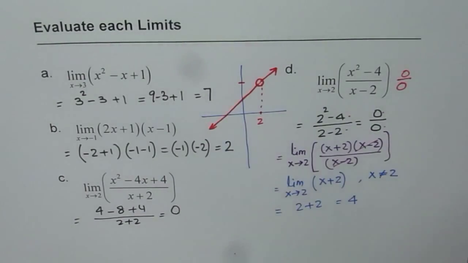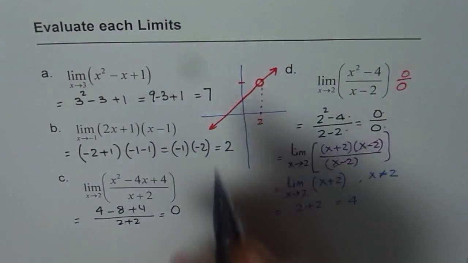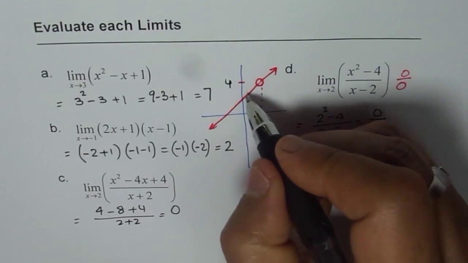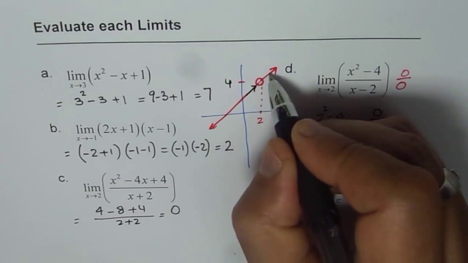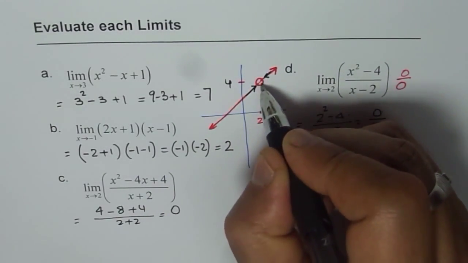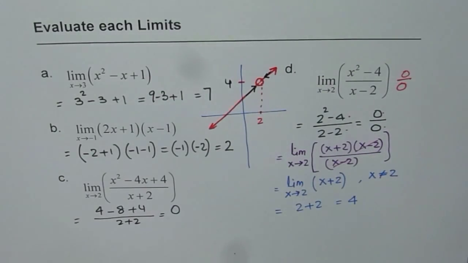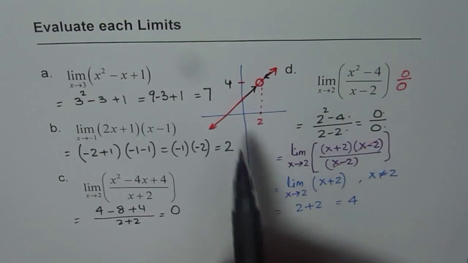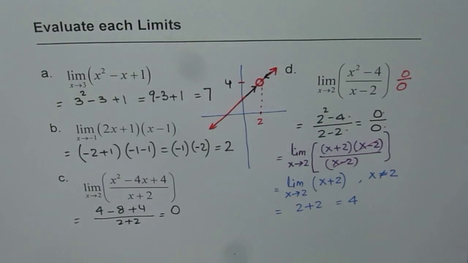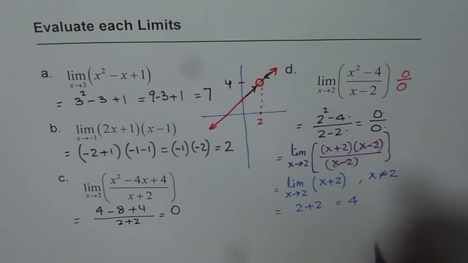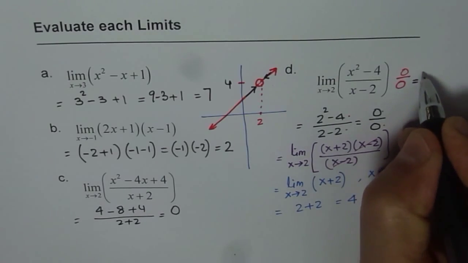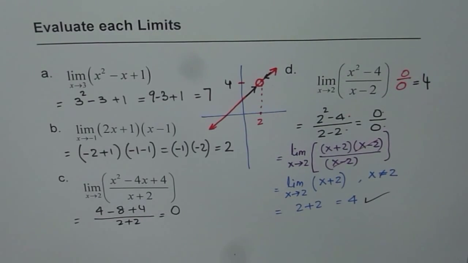Do you see that part? Now you can see from here that whether you approach from the left side or from the right side, you are approaching a value of 4, and therefore the limit of this function at 2 is 4, and that's why 4 is the right answer for the given question. So this limit is actually equal to 4 as we have calculated here.